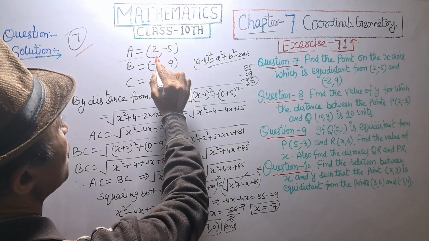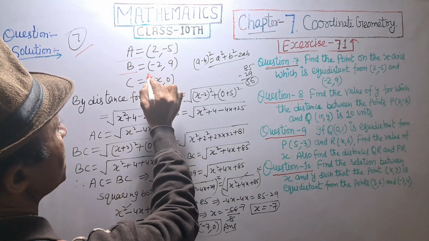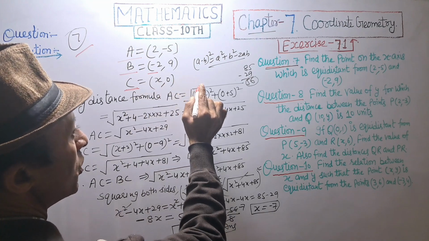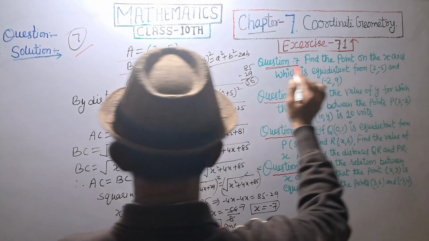Given A is (2, -5), B is (-2, 9), and C is (x, 0), the point on the x-axis.